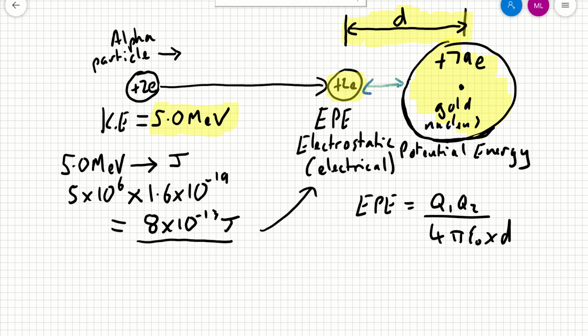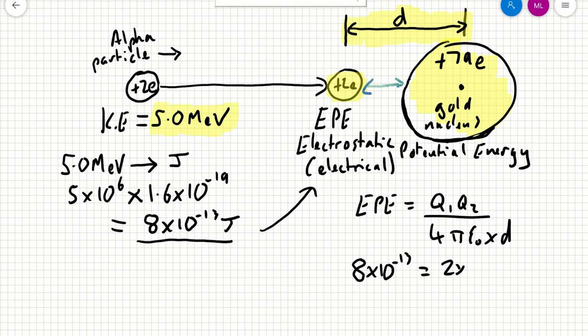And we know what the EPE is now. We know that's the kinetic energy. It's equal to the Ke that was transferred to the field. So you've got 8 times 10 to the minus 13 equals all of this lot. Well, you've got 2 times the charge on the electron, and you've got 79 times the charge on the electron for the two Qs.